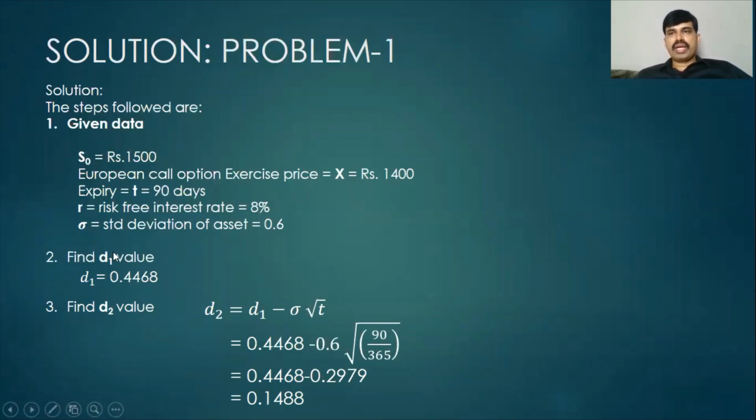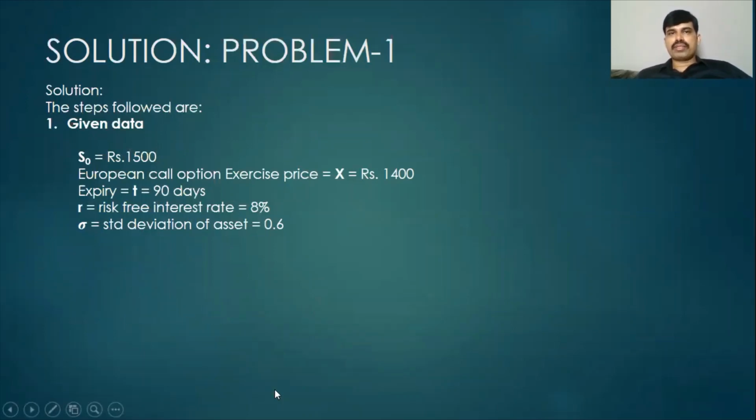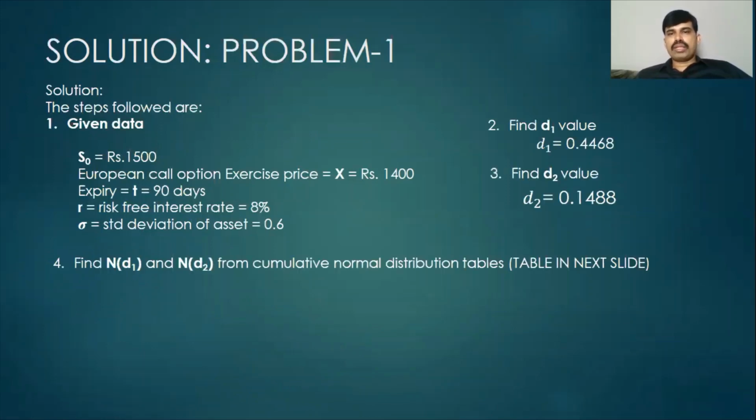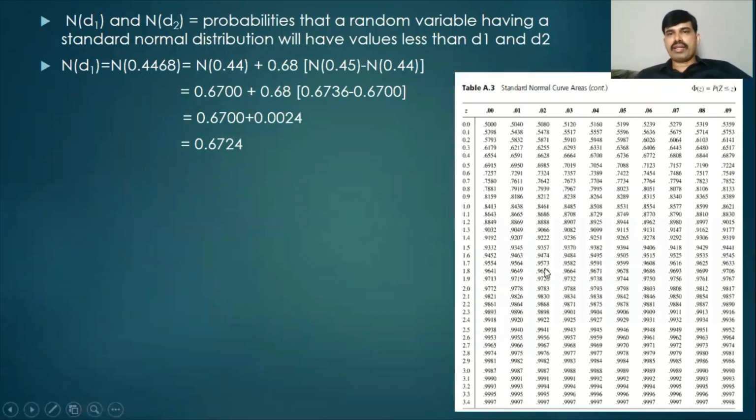Remember, we are interested in the values of N(D1) as well as N(D2), which will be calculated using normal distribution tables. Since the values of D1 and D2 are both positive, we will first look into the normal distribution table where the Z values are positive.